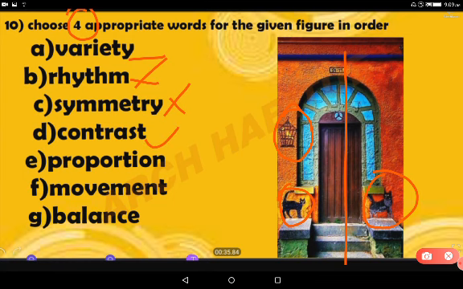Yes, there is contrast. There is proportion. There is no movement. There is balance. So balance, we should go with that. And first one will be balance, then contrast, and then variety or proportion. Proportion will be the most suitable. Okay, so balance, contrast, and proportion.